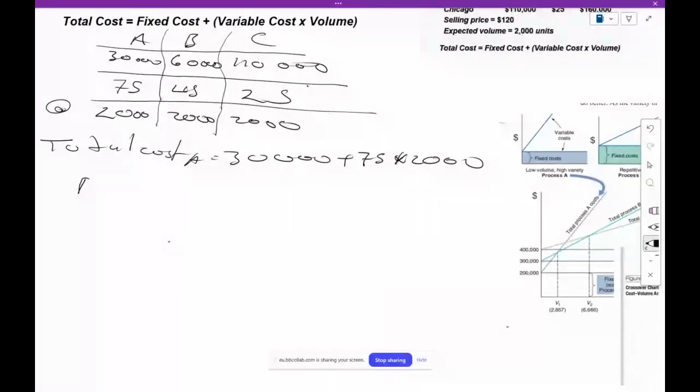Cost for B, cost for C. This one I don't have space, I'll just write it here. Then for B, then for C. Then this one, it's 180,000.